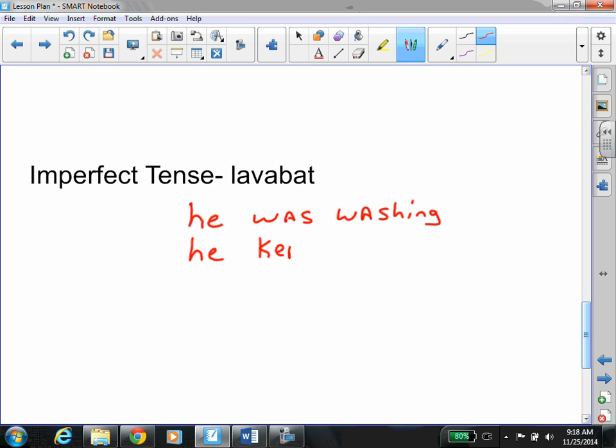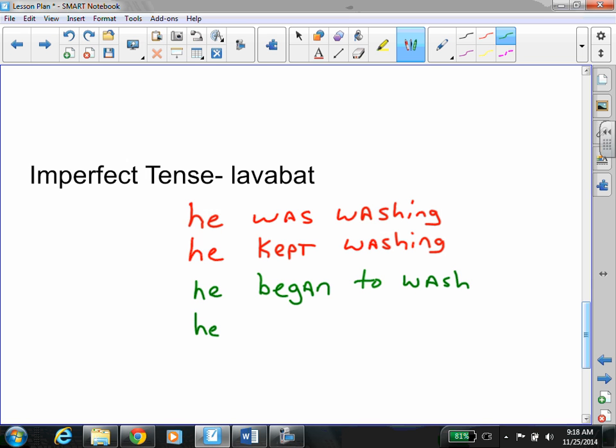Instead of using was, we can say kept washing. We can do it this way as well. He began to wash, or he started to wash.